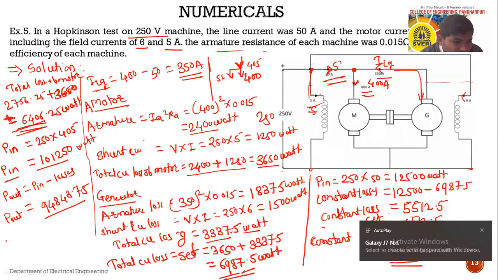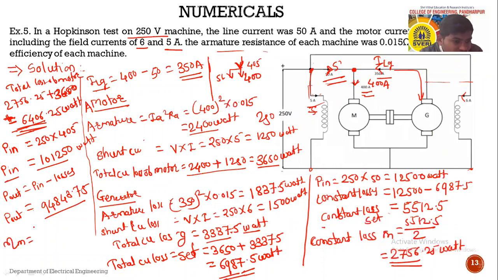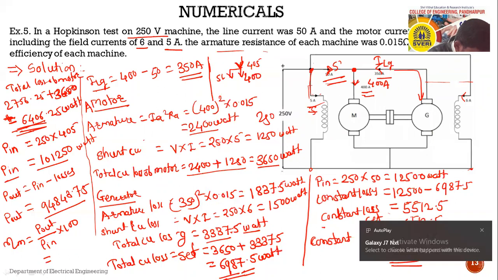Okay, so this is the P out. Calculate the efficiency of the motor. P out divided by P in into 100. किती येते? करा check.